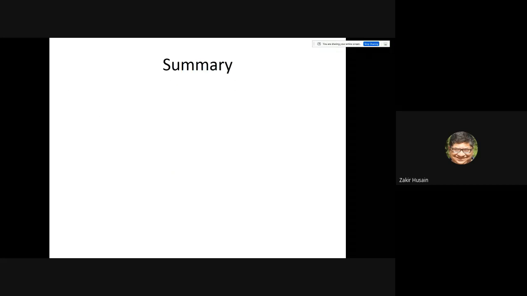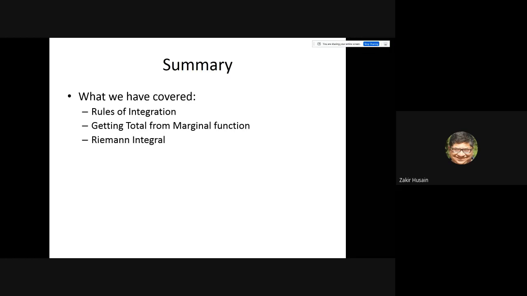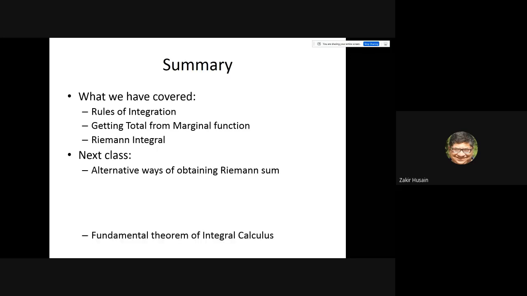Okay. So let's conclude at this point. We have covered the rules of integration. We have seen how we can get a total from the marginal functions, and also how we can get flows from the stocks. We have also covered the Riemann integral. In the next class, we will look at alternative ways of obtaining the Riemann sum.